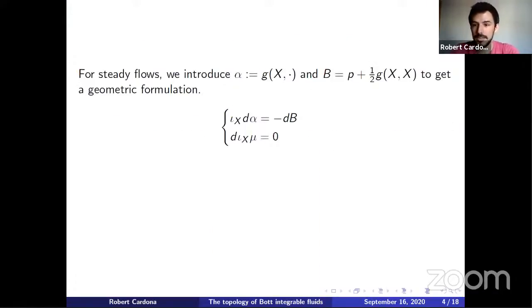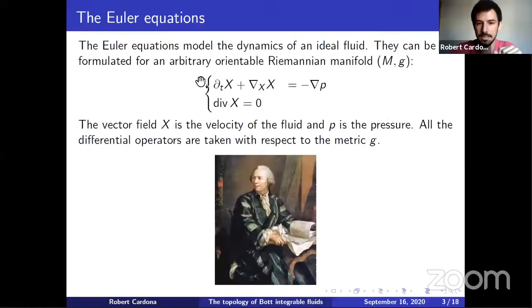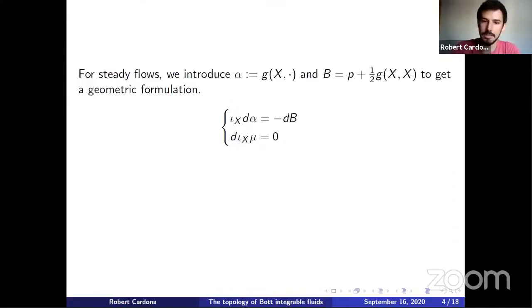What I will be mainly focusing on is the analysis of steady solutions. That means that I'm forgetting this t dependence. Can you see my pointer when I move it? Okay, so I will be forgetting about the time dependence.